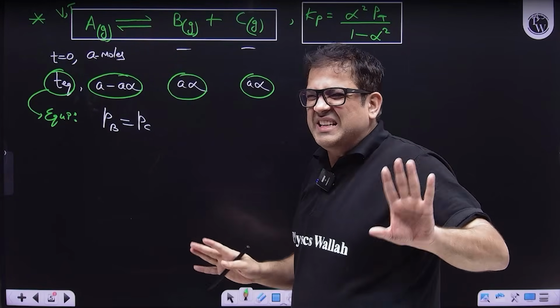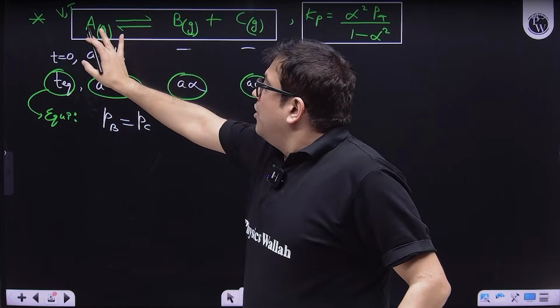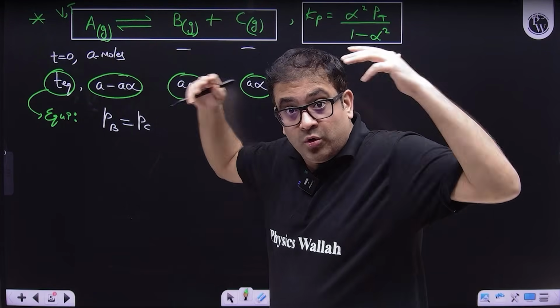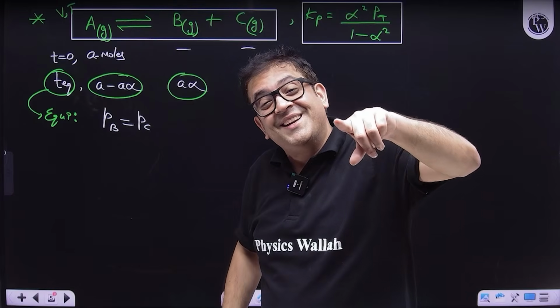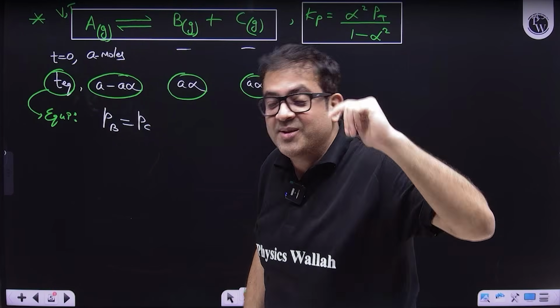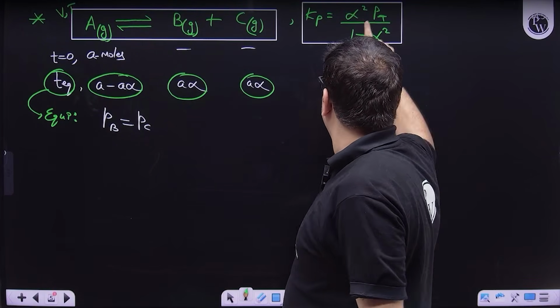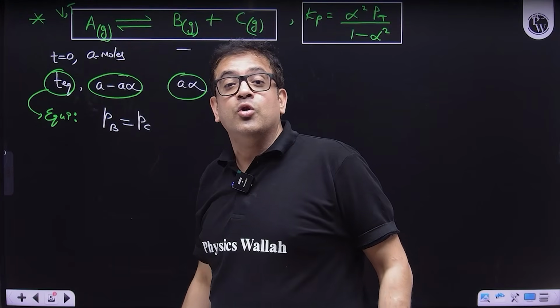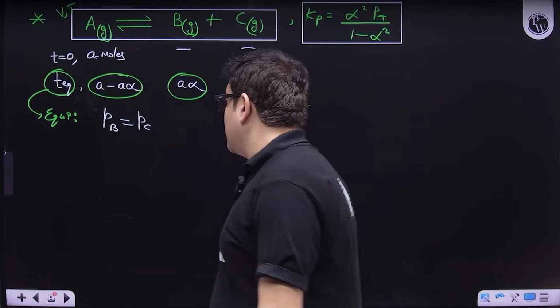So at equilibrium there will be some total pressure, and that total pressure will also remain constant. Why? Because at equilibrium measurable quantities remain constant. So that total pressure, let us take as P total. Questions come in this format only.